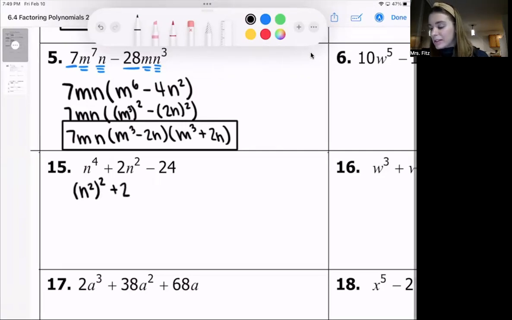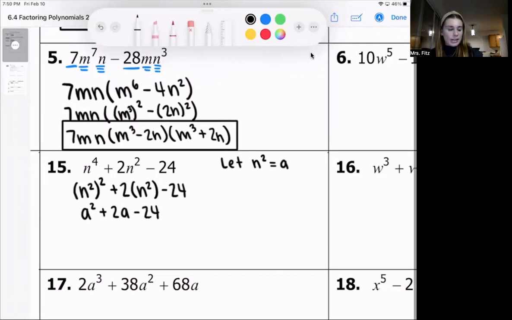Plus, let's think of this as 2 parentheses n squared minus 24. Now, let's let n squared equal, let's just call it a. So we end up with a squared plus 2a minus 24.